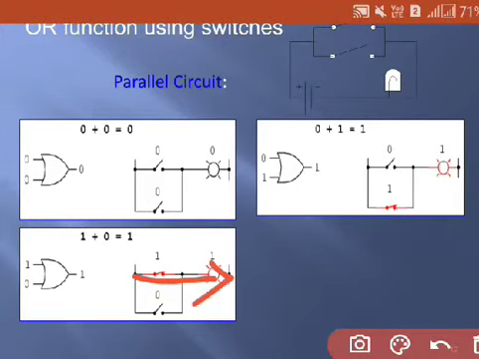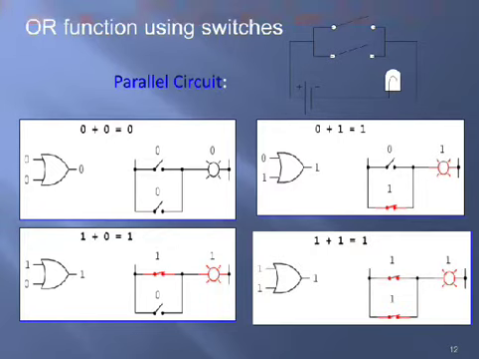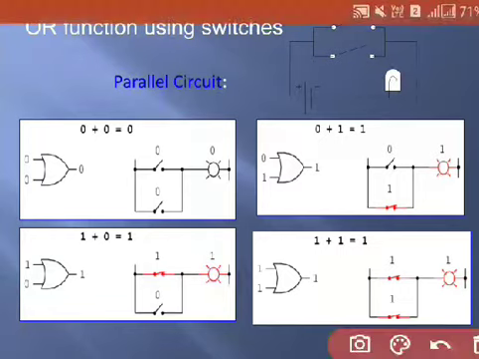In that case also the output is logic 1, because the lamp will glow. In the last case, 1 plus 1, both the switches are closed. Current will be flowing through this and also through this, so the lamp will glow, and the output of the circuit will be equal to 1.